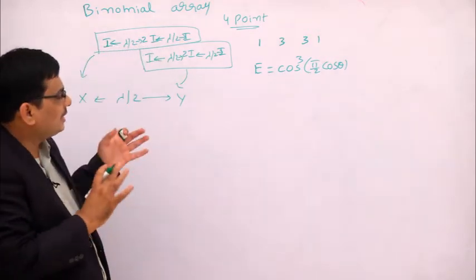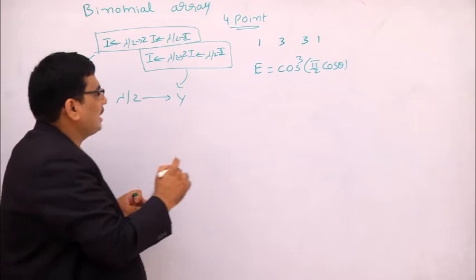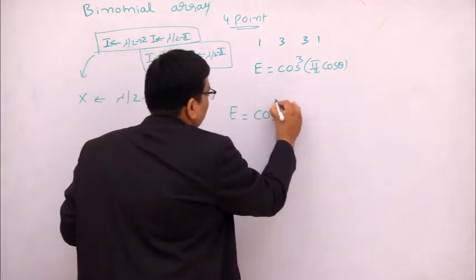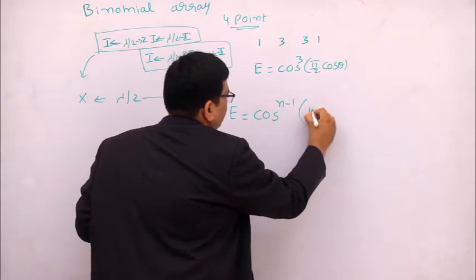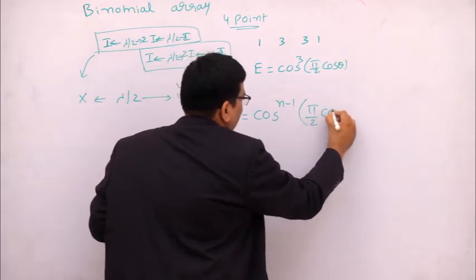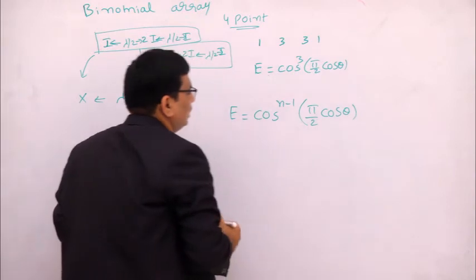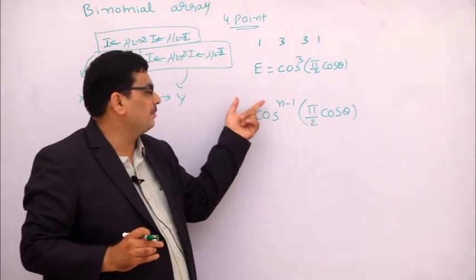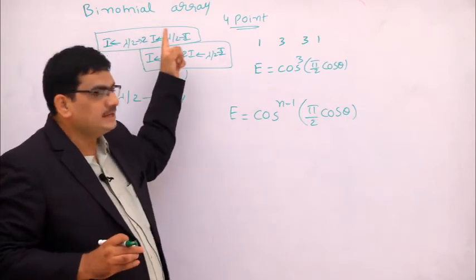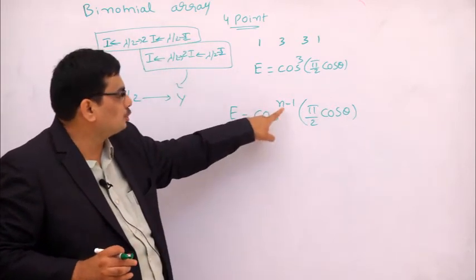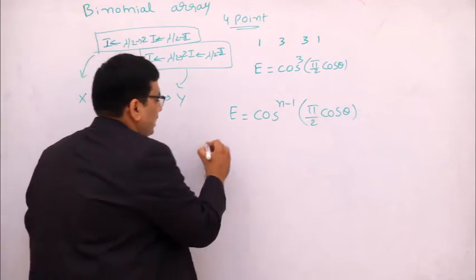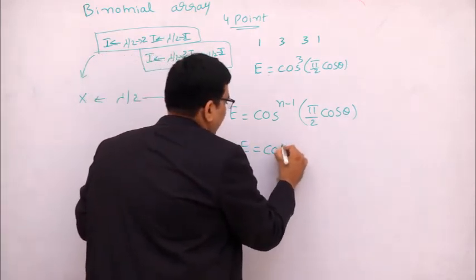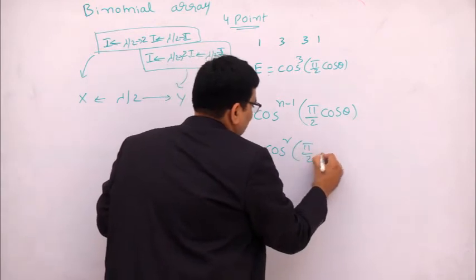So the final radiation pattern expression for a binomial array is E equals cos to the power n minus 1 of pi by 2 cos theta. If you substitute your n values, suppose in the previous case it is 3 elements, then n equals 3 means a 3 element array, E equals cos square of pi by 2 cos theta.